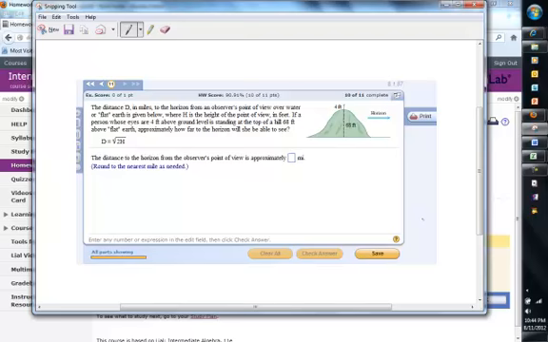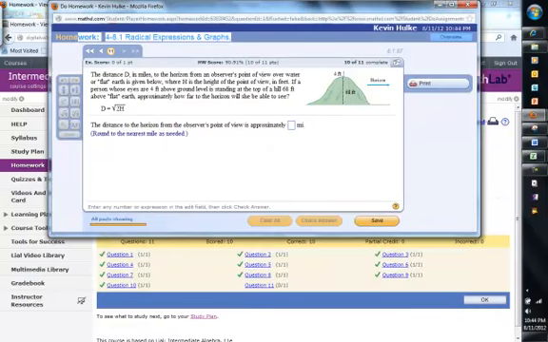Now make sure that h is in feet, but d is in miles. So she's 68 plus 4, which is 72. So we take clear, square root of 72 times 2, and we get 12. So she should be able to see 12 miles.